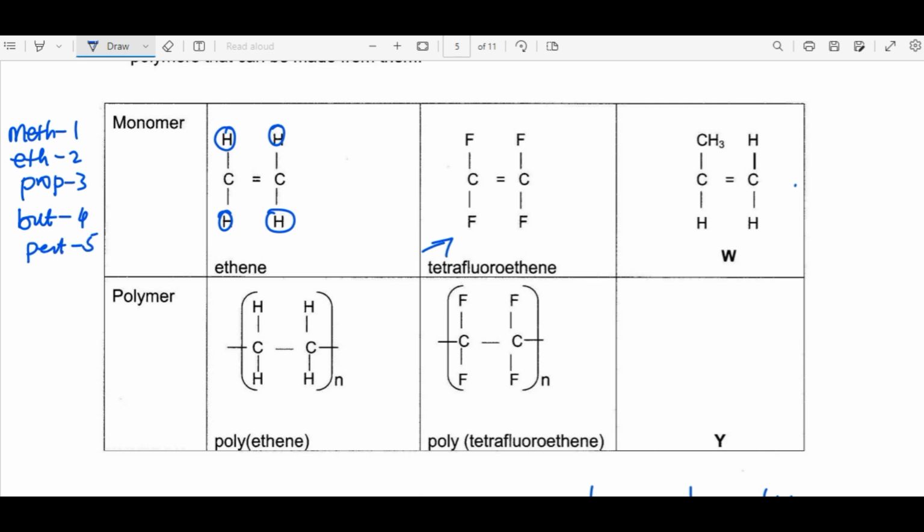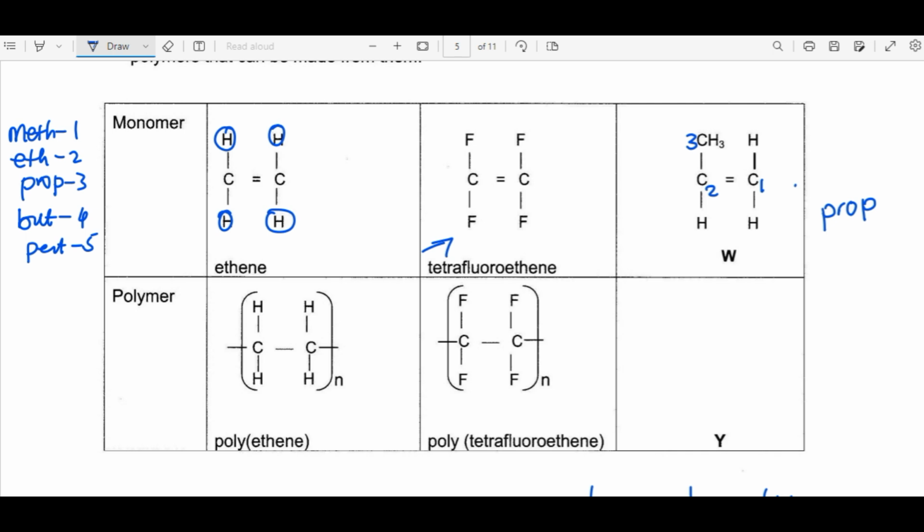For you to name a given organic compound, first you need to make sure that you have mastered the prefixes, because you are going to need this in your examinations. If you look at this W, we have 1, 2, 3. So the prefix is prop, because prop means 3 carbons.